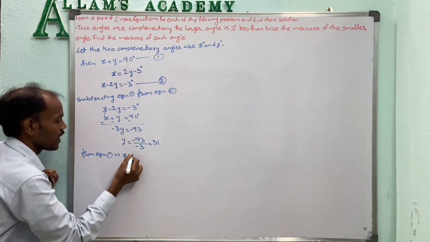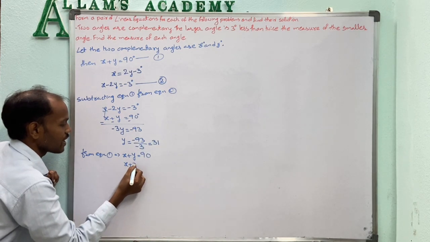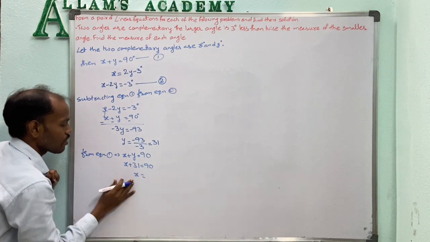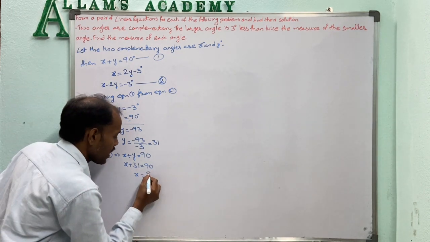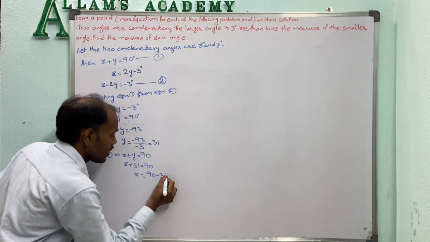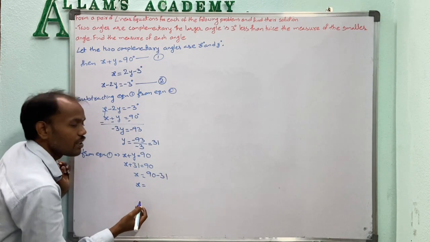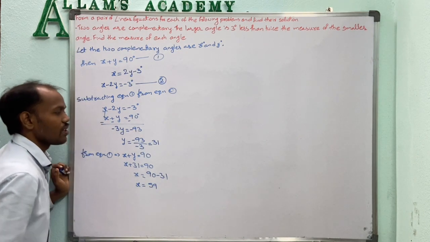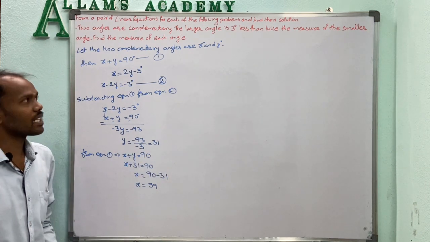x plus y equal to 90. So x plus 31 equal to 90. x equal to, so this plus 31 transfer to that side, minus 31. 90 minus 31. So x equal to 59 degrees. So x equal to 59 degrees, y equal to 31 degrees.